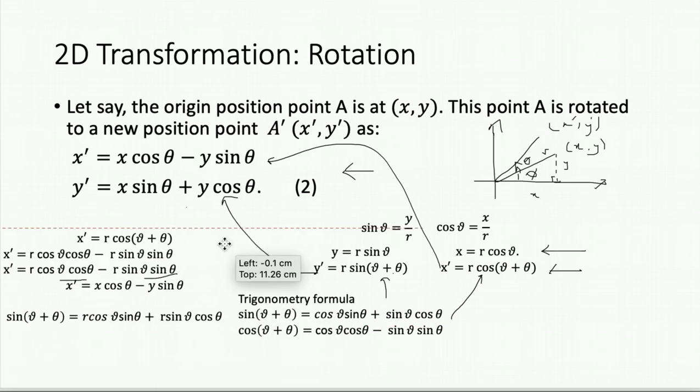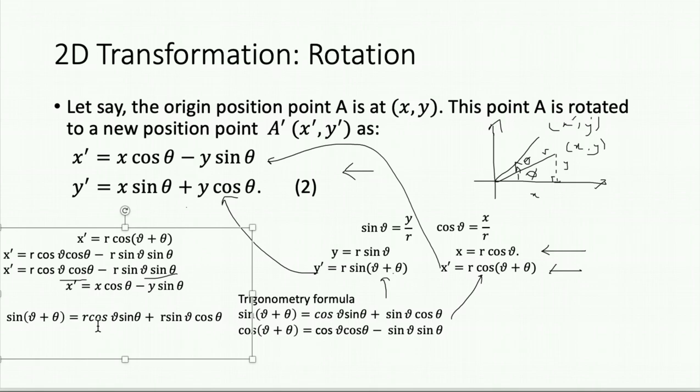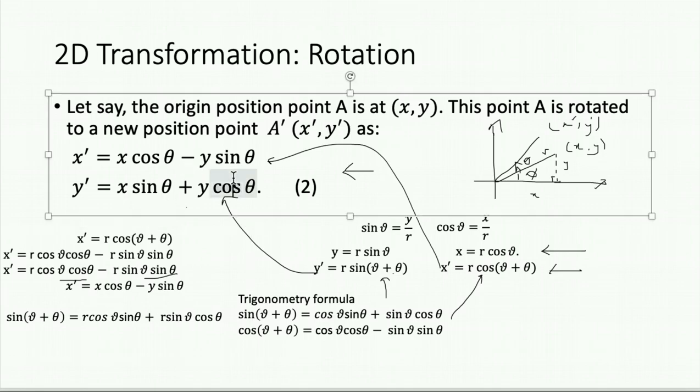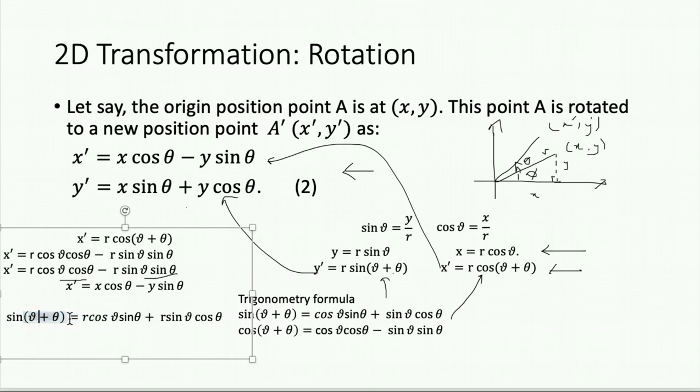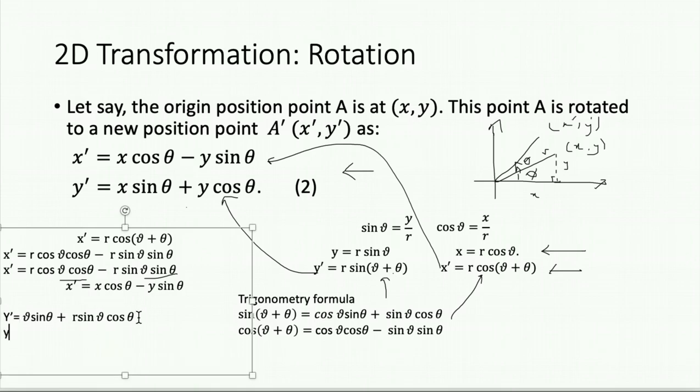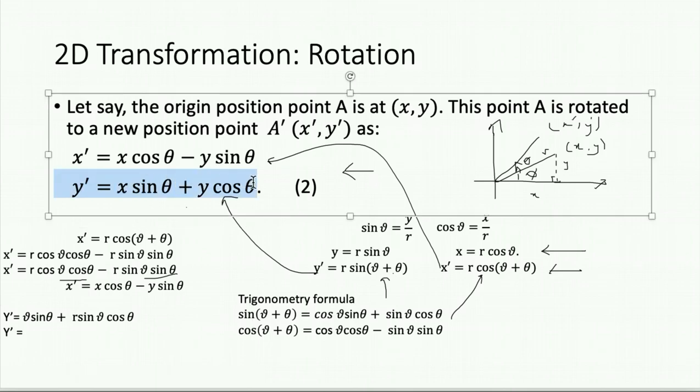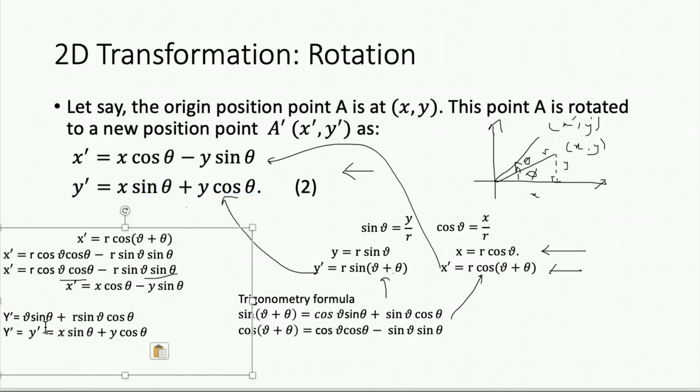Then r cos alpha is equivalent to x and r sine alpha is y, hence we get our y prime. So that is how we get our y prime.